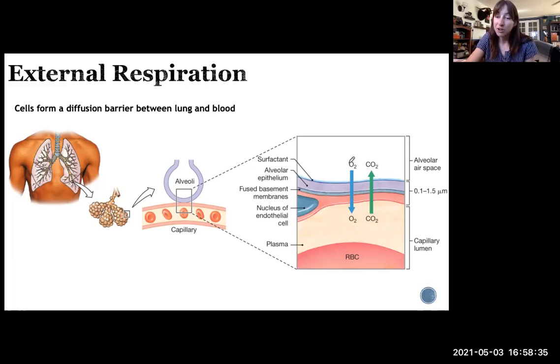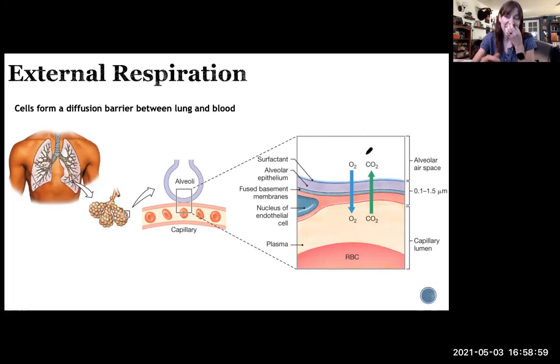Okay, so one more time, the partial pressure of oxygen needs to be greater here than it is here in order for oxygen to diffuse down its concentration and its pressure gradient into the blood, and vice versa. The partial pressure of carbon dioxide needs to be greater in the blood than it is in the alveolus in order for carbon dioxide to travel down its concentration and its pressure gradient into the alveolus so that you can exhale it.